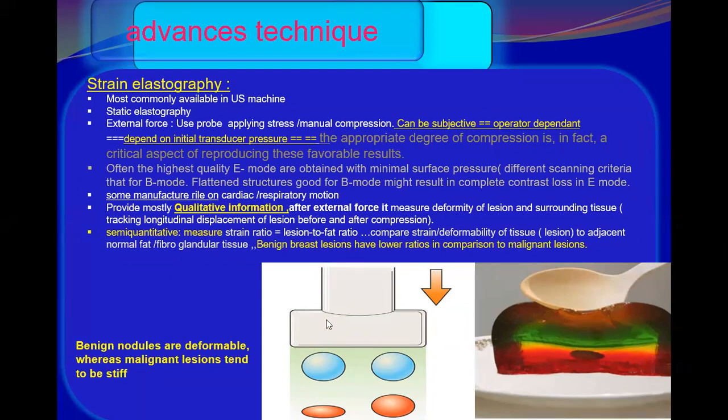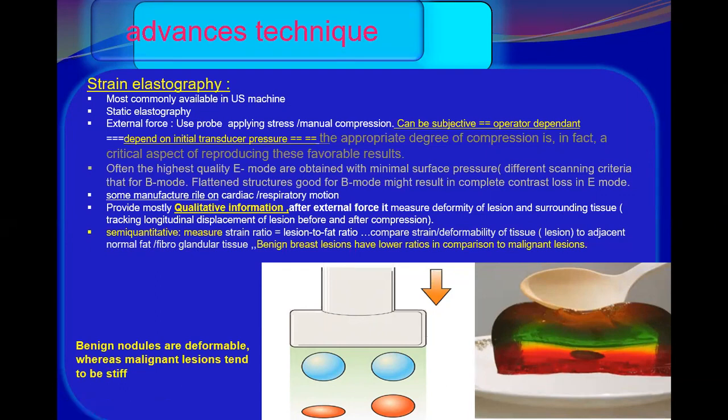How do we use the external force? This is a transducer, and the operator doing the ultrasound uses manual compression on the transducer, and that is why it will be operator dependent.